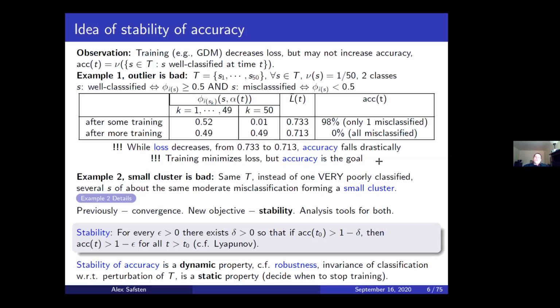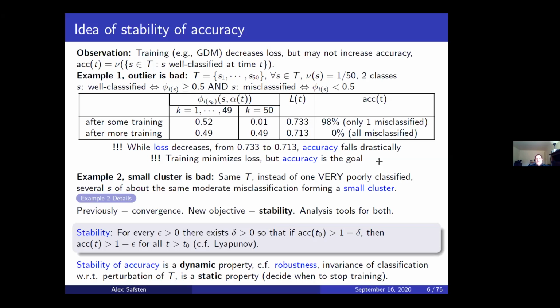We train for a while, and we arrive at the point where 49 objects are correctly classified with 52% probability of being placed in the correct class. But one object is very badly misclassified with only 1% probability of being placed in its correct class. This means we have 98% accuracy.